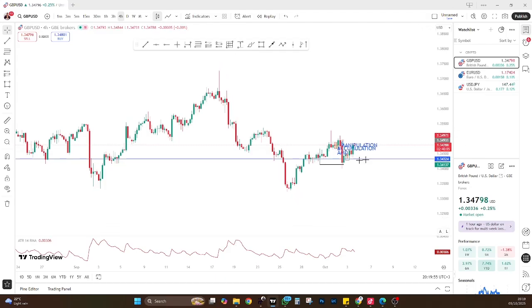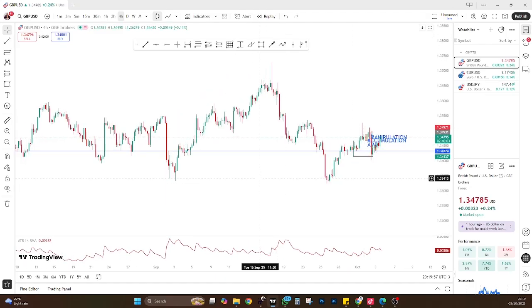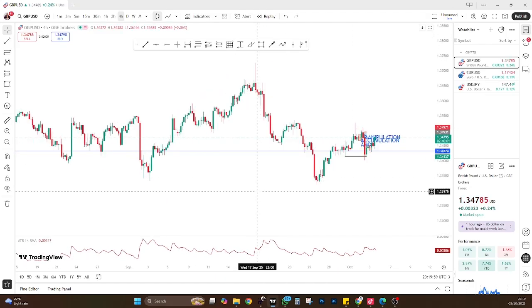Now the market is doing 3 things every day. It is either accumulating, manipulating, distributing. Or the market is in an uptrend, a downtrend, or a lull, ama sideways.